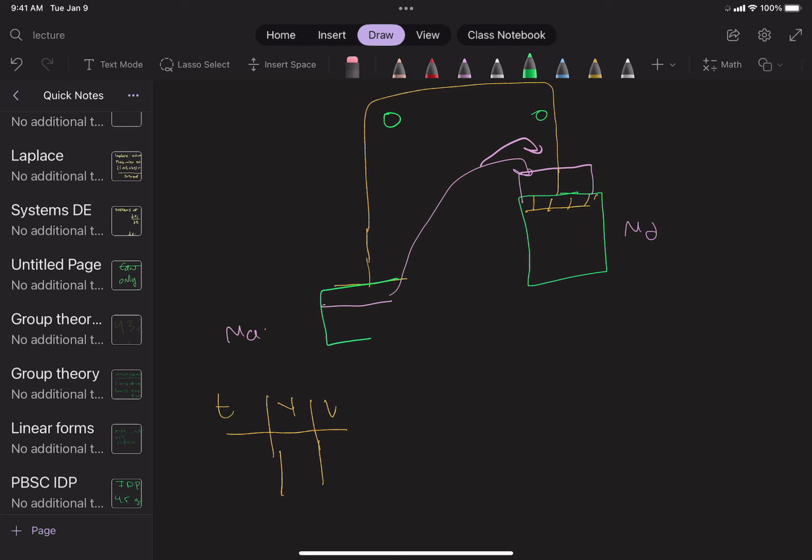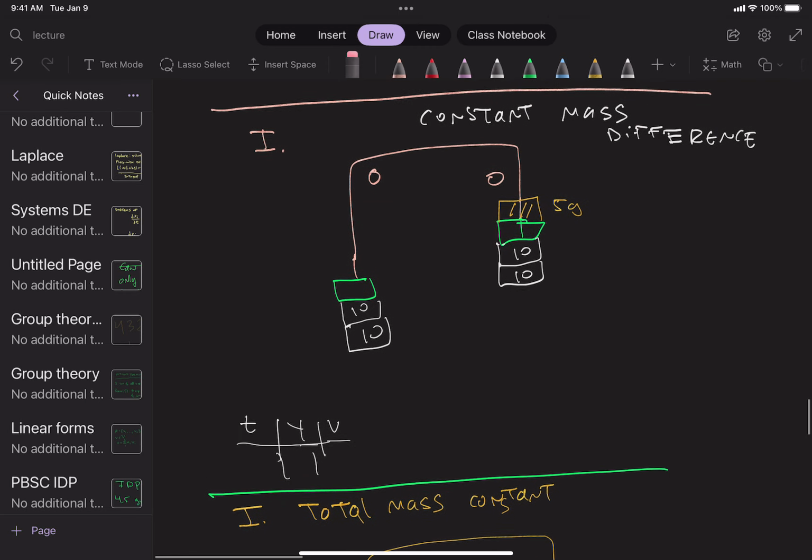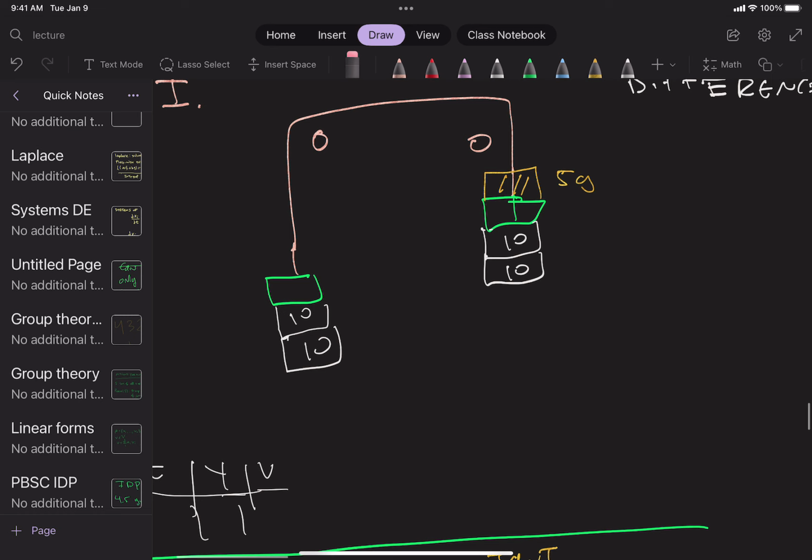So that's going to be less, and now this one is going to be more, and you're going to run the experiment. You're going to keep on doing that. So for part one of the experiment, you're going to get time, position, and velocity, but in each case the descending mass is always going to be 5 grams heavier than the ascending mass.